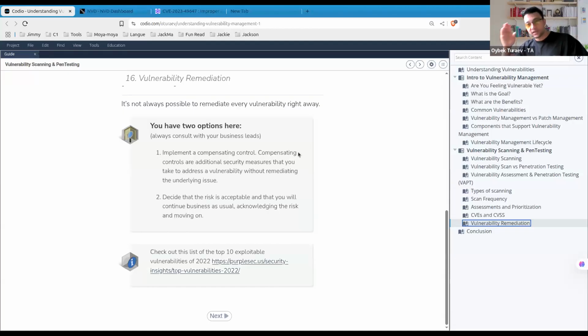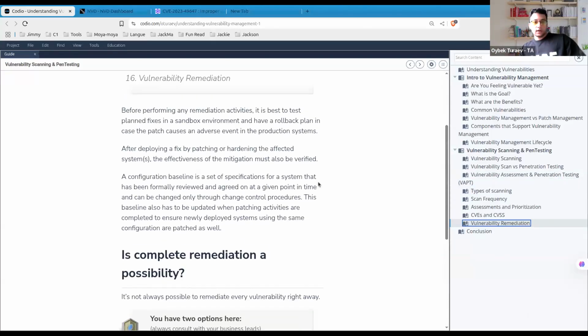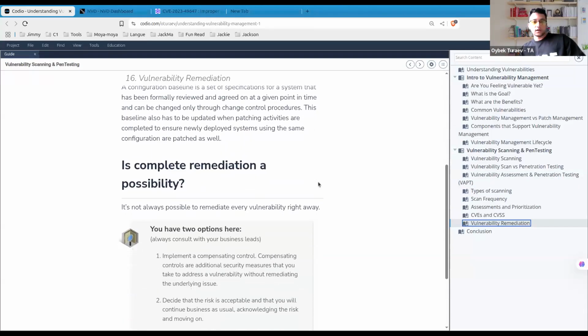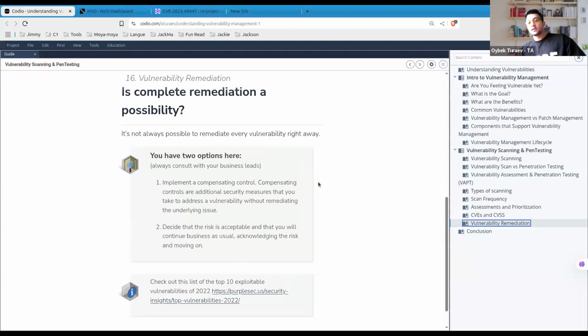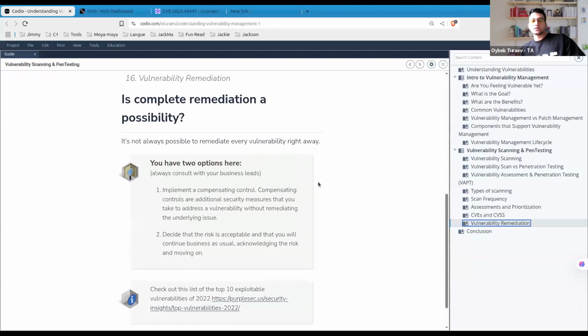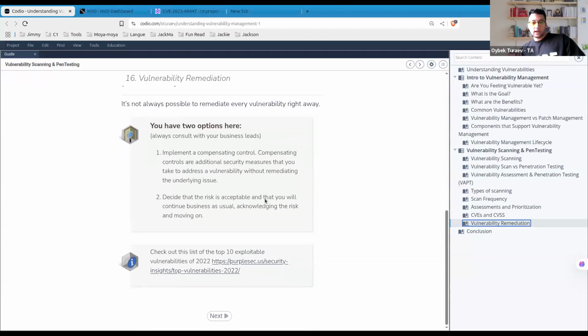But most of the time these could be low level, medium level for us. So that's about how we deal with remediation. Remediation is not always possible, guys. And now let's go to the conclusion.